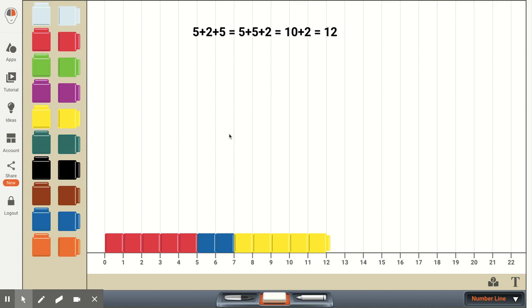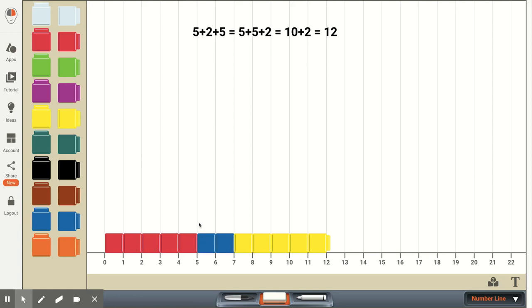And just to be showing these unifix cubes on the number line and to be proving to the first grader that the sum will come out to be the exact same, we're starting with 5 plus 2 plus 5 more.